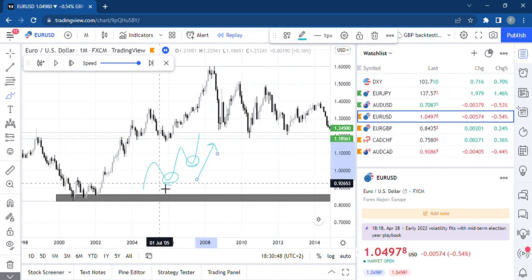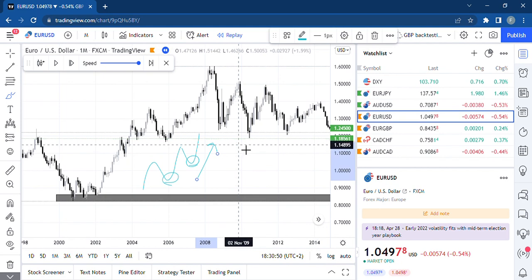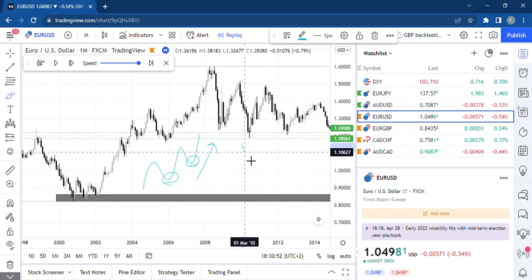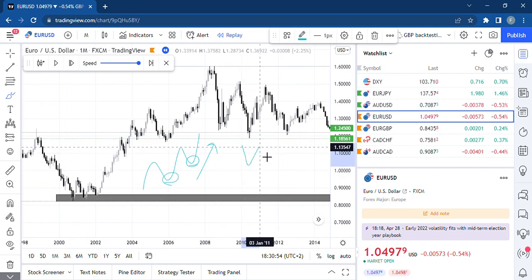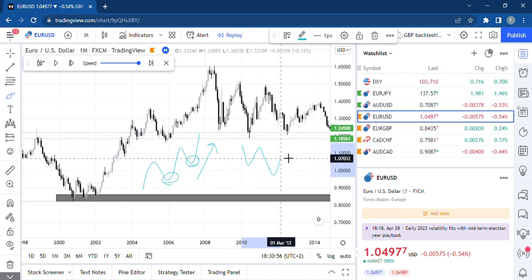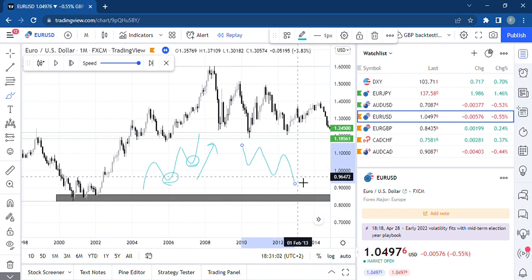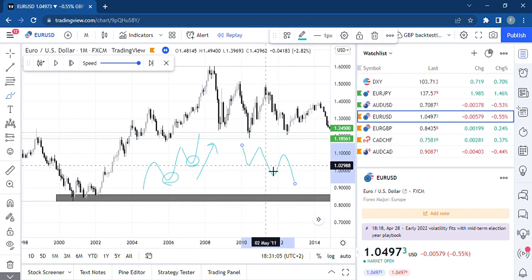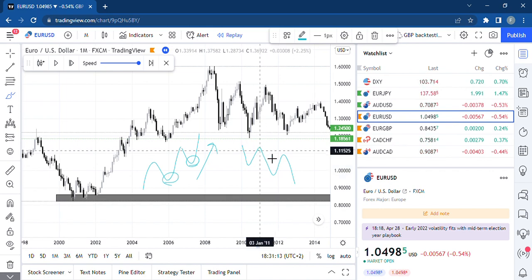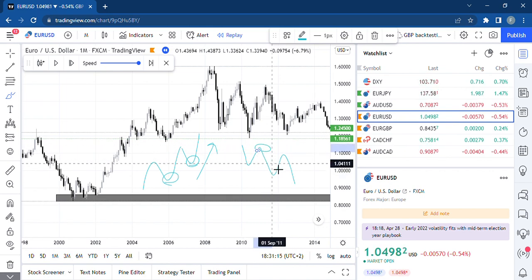But if price creates a low and a lower low and a lower low, it means that price is going down. But we don't care about these lows. If price is going down, we don't care about the lows, because the lows make it hard for us to trade. We only care about the highs.